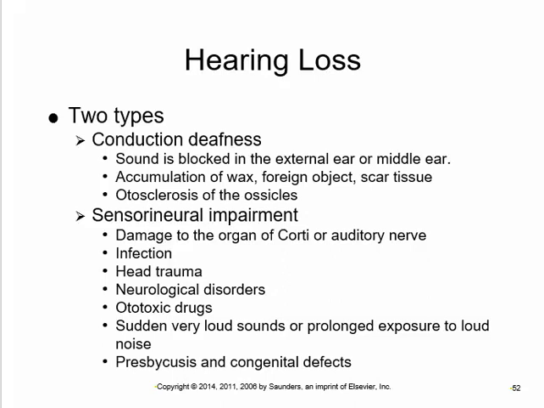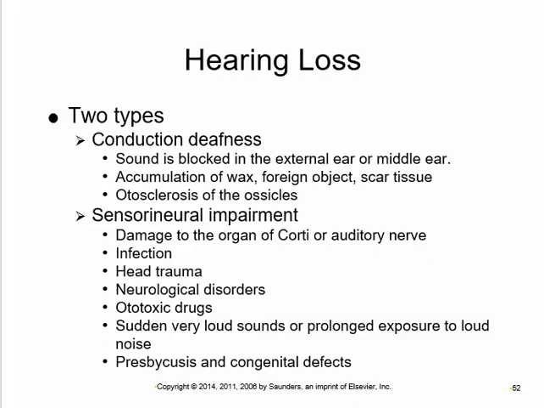It can be a foreign object, like an insect, an accumulation of wax, or scar tissue, from people picking at the earwax and damaging it. And so that can just be a conduction deafness right there.